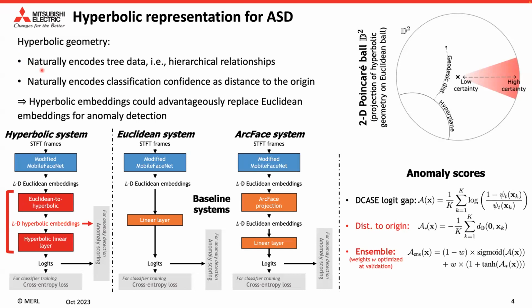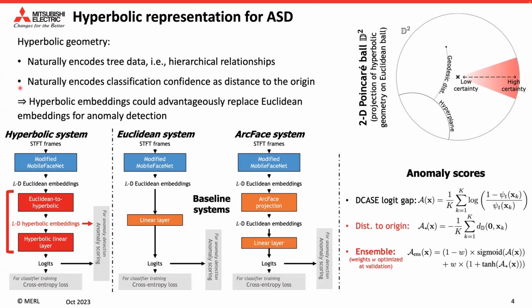First, it naturally encodes hierarchical data, because the same way that the number of nodes per depth in trees grows exponentially with the distance to the head node, we find that local volume grows exponentially with distance to the origin in hyperbolic space, something that is not true for Euclidean spaces.